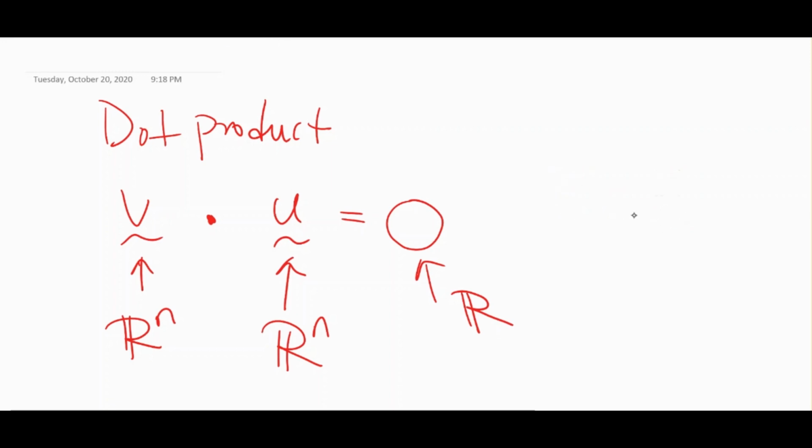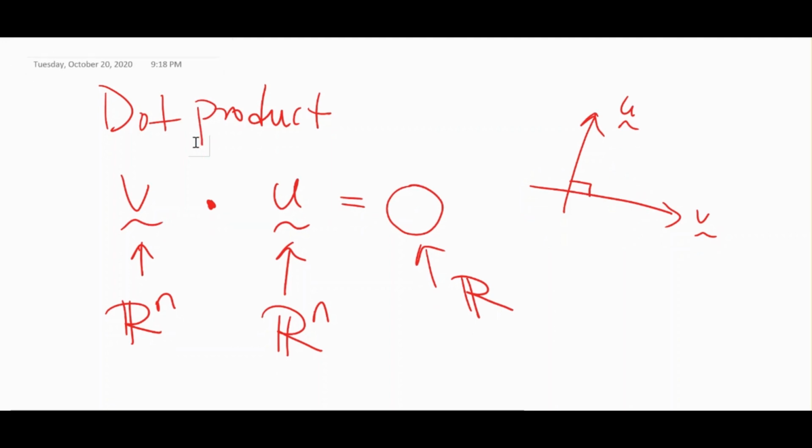If you are in R2 or R3, we can represent it with a picture. In Rn, we do the same thing too. It's just very difficult to imagine what exactly is happening in R10 or R20. But you know what orthogonality means. Basically, these two vectors are perpendicular to each other, okay? Now, right now, we want to talk about something a little bit different.